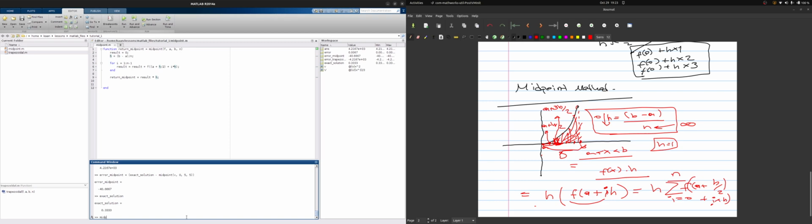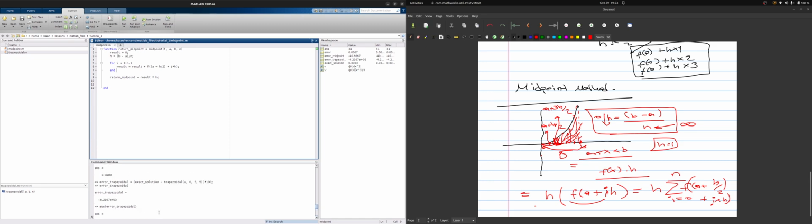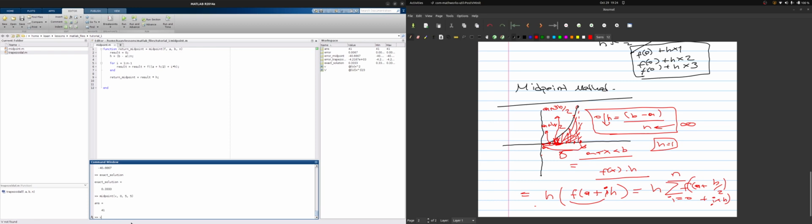What is the midpoint? V of 0.5, which is something very big. So what is V, by the way? V is the x squared function. It's with 0 and 5. This is something predictable. So let's see 0 and 1 in 5 steps. Now it makes sense.